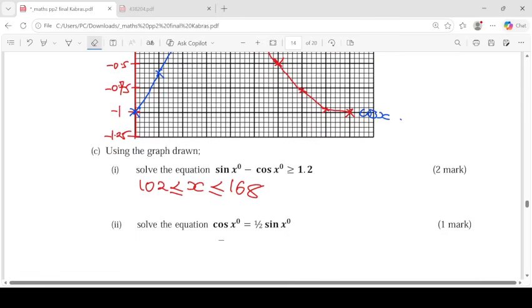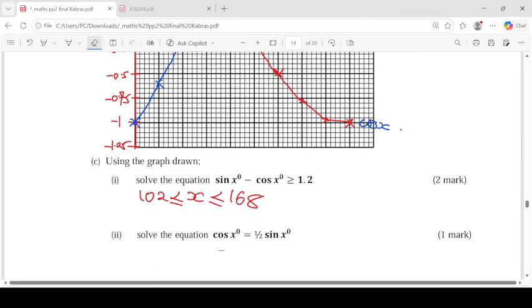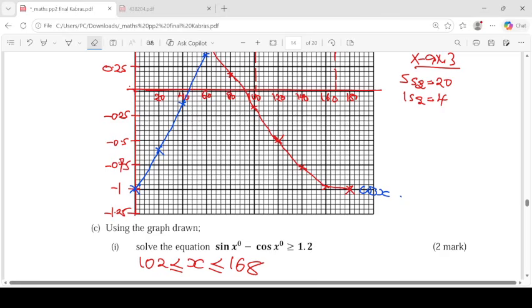Solve the equation cos x is equal to a half sin x. When they say cos x is equal to a half of sin x, how should we interpret it?